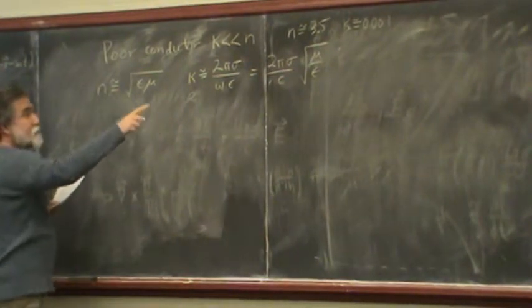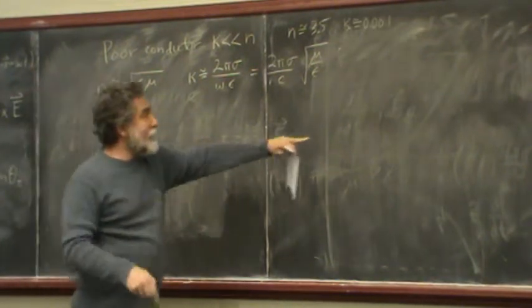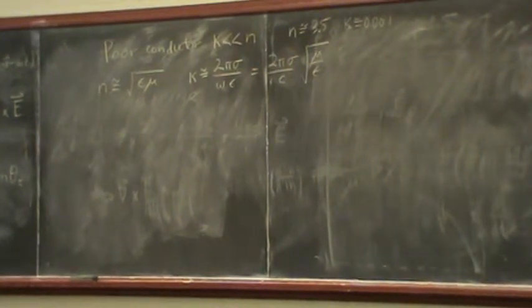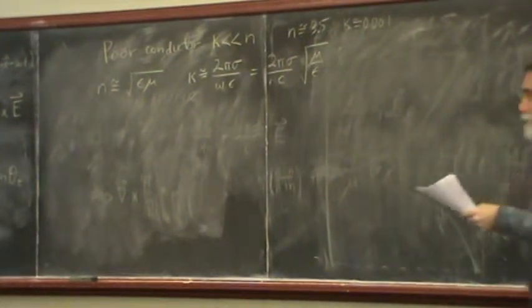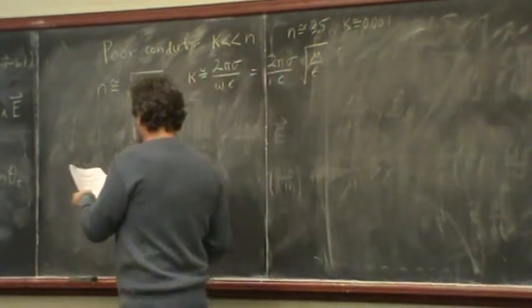So then in that case, remember we know what K is. K is just omega over c n plus i omega over c kappa. So then I can write out my propagating wave as I've got over there.